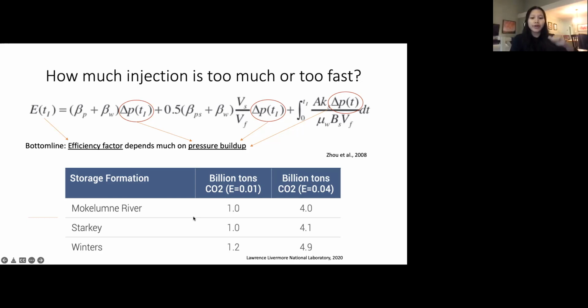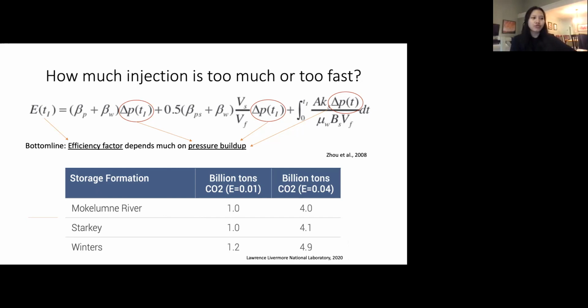One of the examples for efficiency factors here is from a study from the Lawrence Livermore National Lab. This is the formation target for CO2 storage in California.